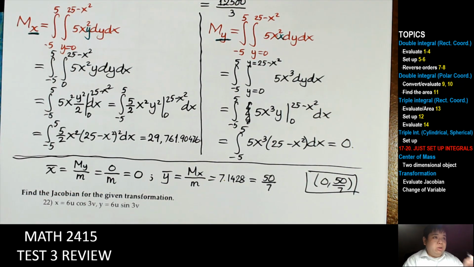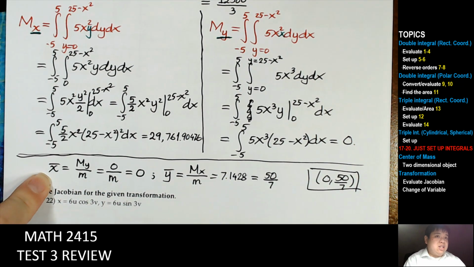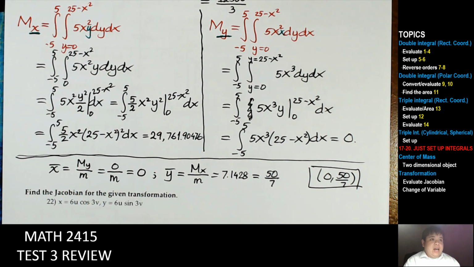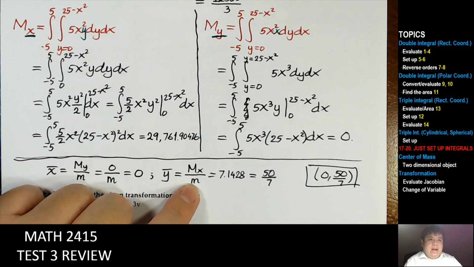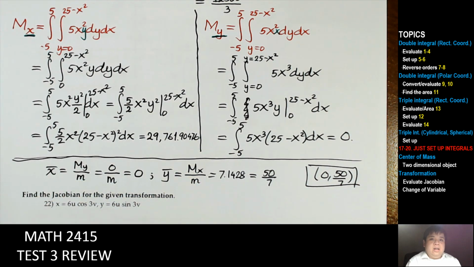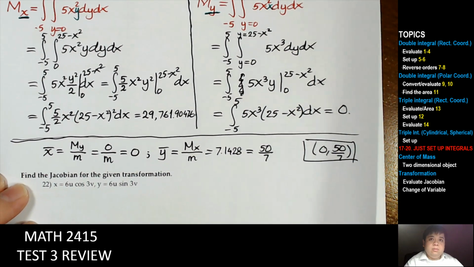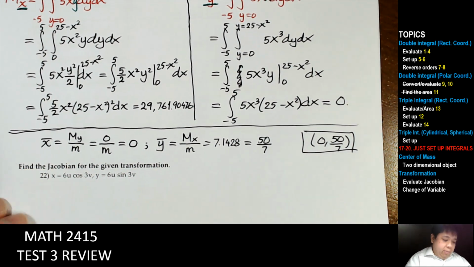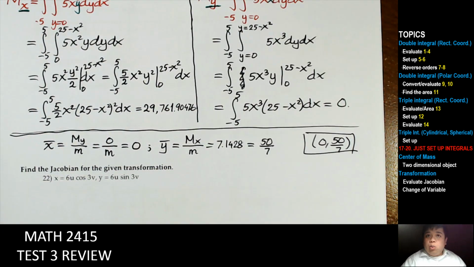Then x bar, the center of mass coordinate in the x direction, is My over m, and Mx over m for y bar, and we have that. Right. Next, so we're done with the center of mass. That is number 21.